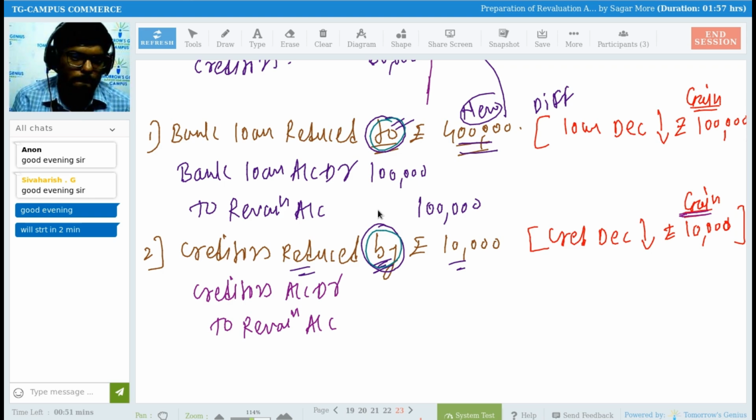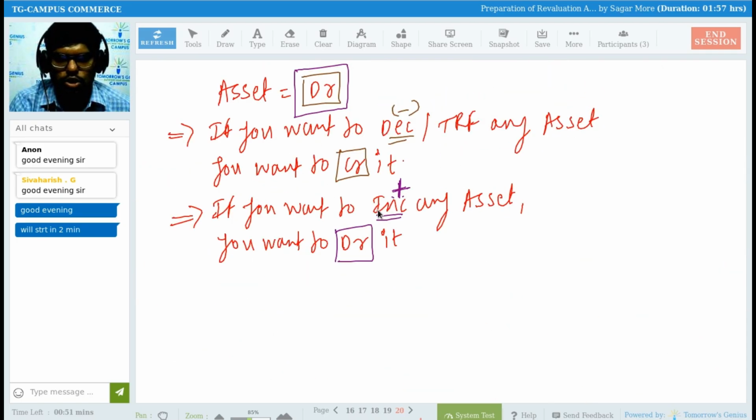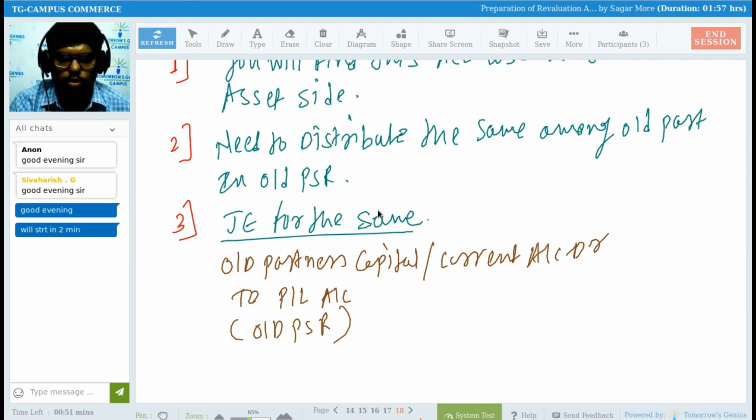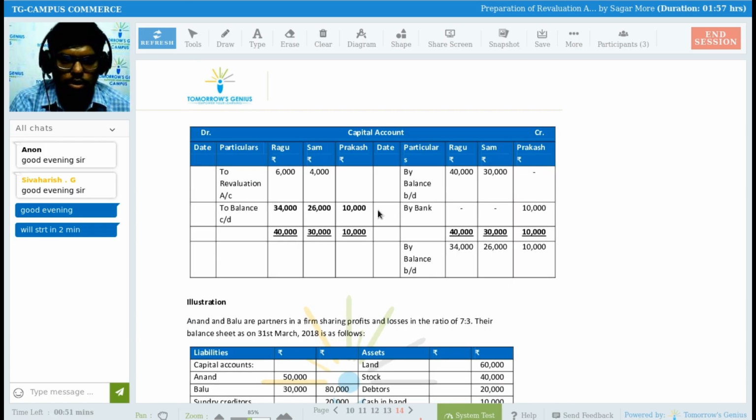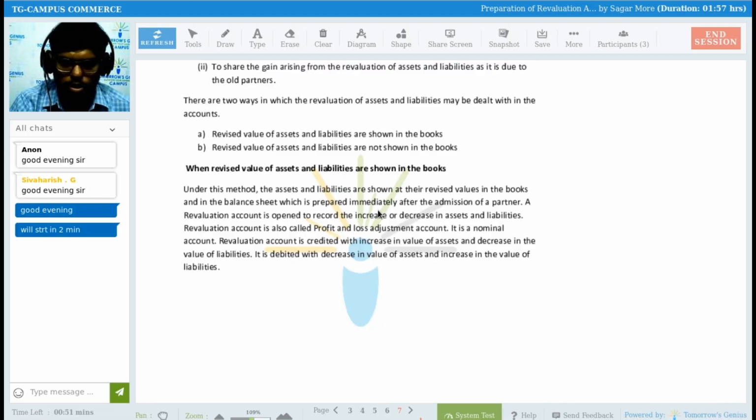Understood now? Everyone, Sadhna, Dhanushri, Shivarish, understood or not? Yes, Shivarish? Understood, sir.